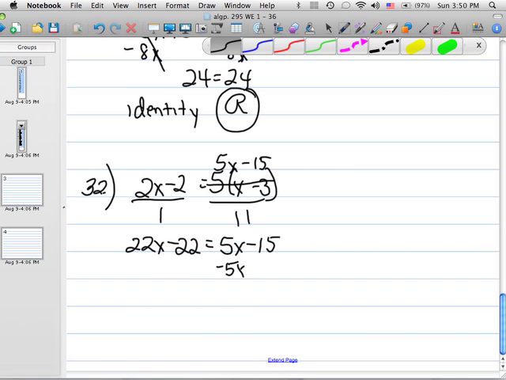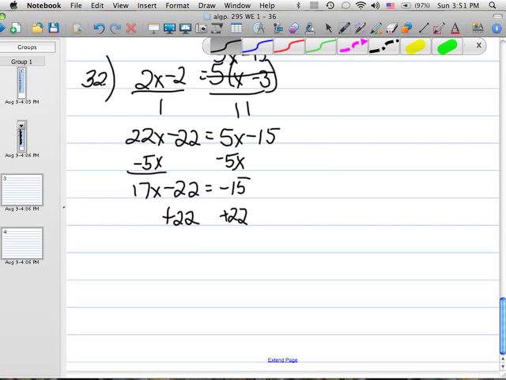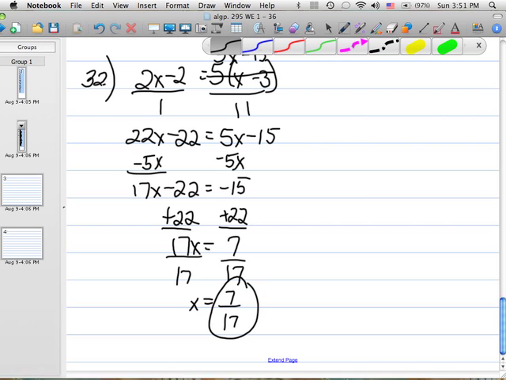Subtracting 5x to get the x's on one side, we get 17x minus 22 equals negative 15. Add 22 to both sides, and we get 17x equals 7. Divide by 17, and our answer is going to be x is equal to 7/17.